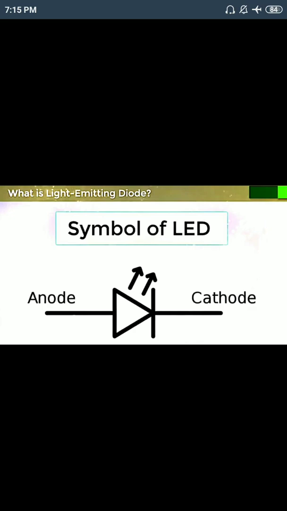That means light is emitted from the diode. That's the symbol. The rest of the symbol is similar to the PN junction. The triangular sign represents P, and the perpendicular black line represents N. But how can we differentiate between a normal PN junction and the LED? With the arrow sign in the outward direction, which means light will be emitted.